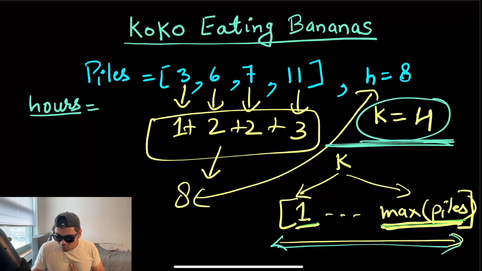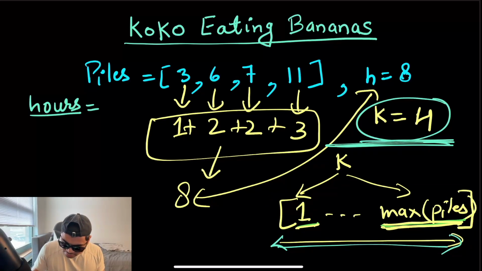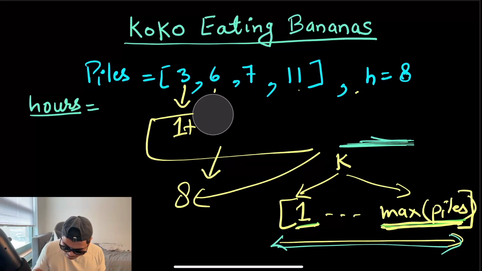Okay, so is there a better way to find out that k? Yes, there is. Since we have this range from 1 to max pile, let's understand this on our example here.